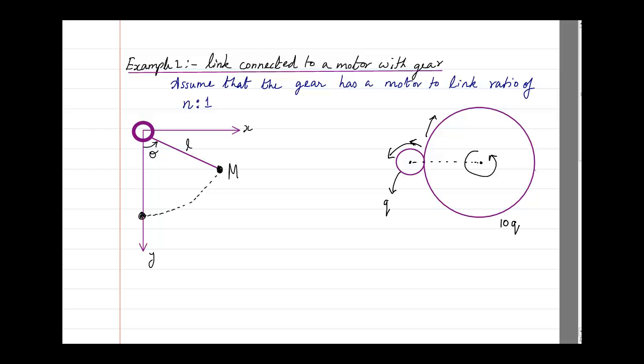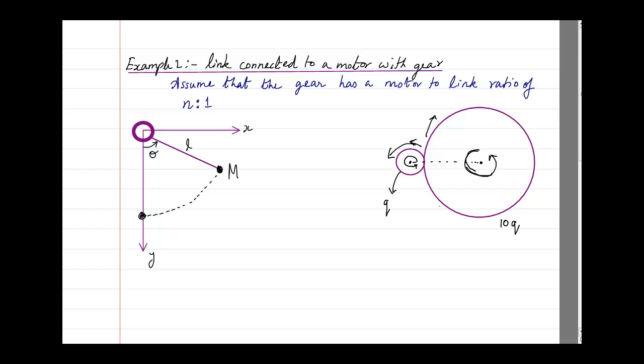That is a gear arrangement. What is a gear arrangement? You have two gears, wherein the rotation of this one, since it's the smaller one, will have to rotate many times for the bigger one to rotate one time. And that ratio is given by n is to 1.